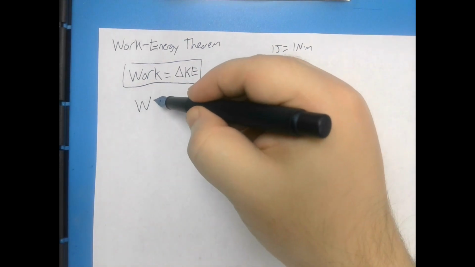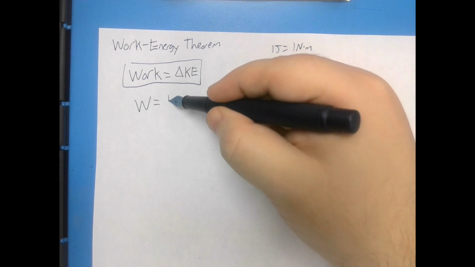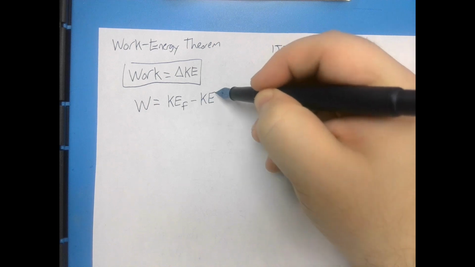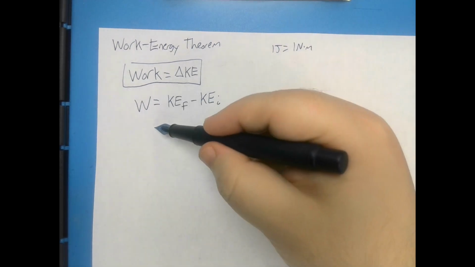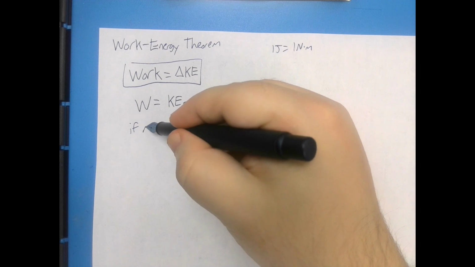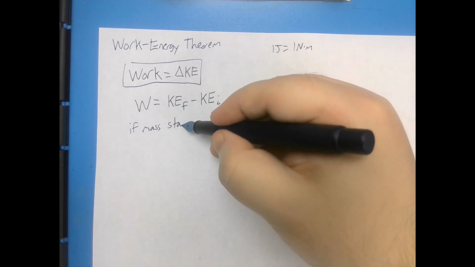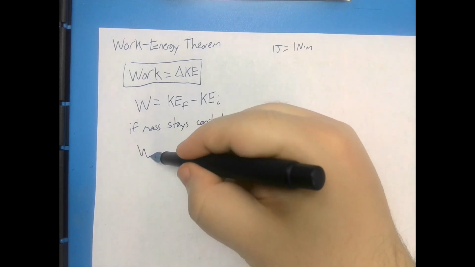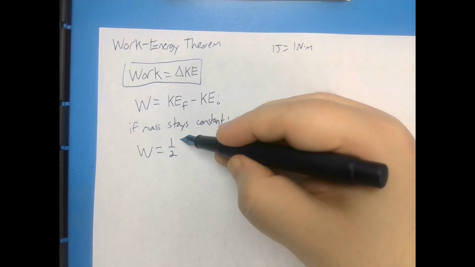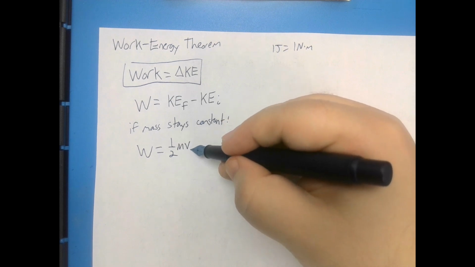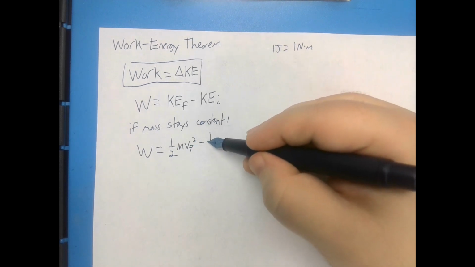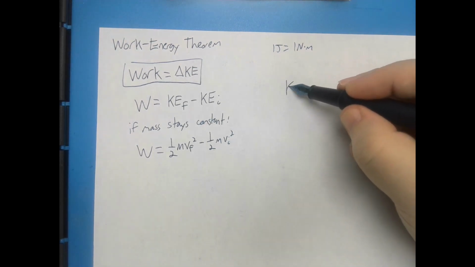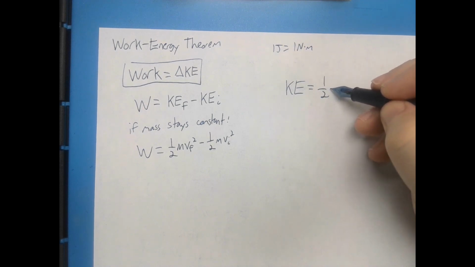So work is equal to final kinetic energy minus initial kinetic energy. And if mass stays constant, then work is equal to 1/2 mass times final velocity squared minus 1/2 times mass times initial velocity squared, because kinetic energy is equal to 1/2 mv squared.